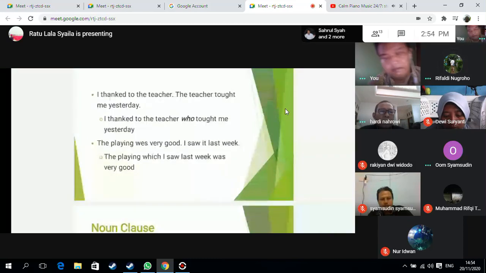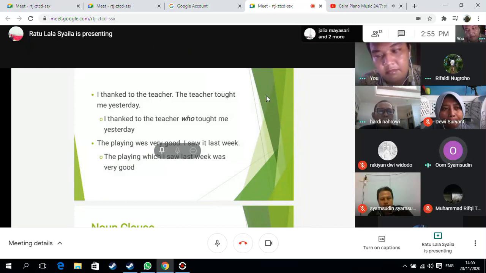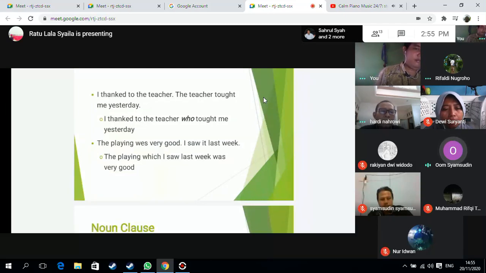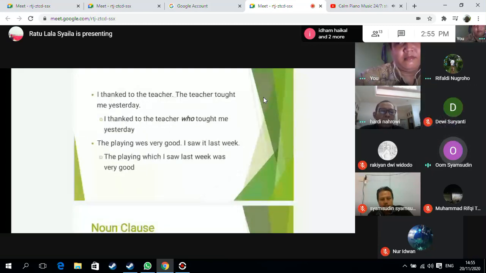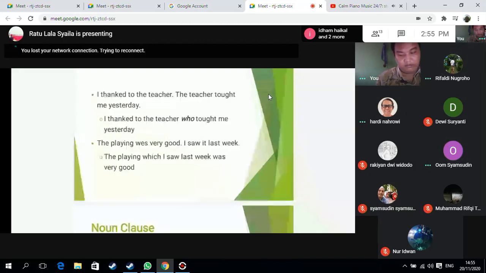Mengajar. That's why I told you, especially when Pak Rifaldo gave us an example earlier, try to think and try to write in English. You think in bahasa. "Berterima kasih kepada guru." And then "the teacher who teach me yesterday."